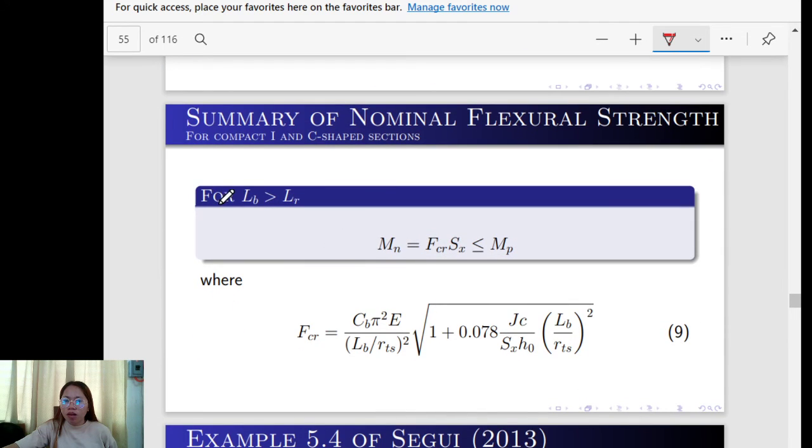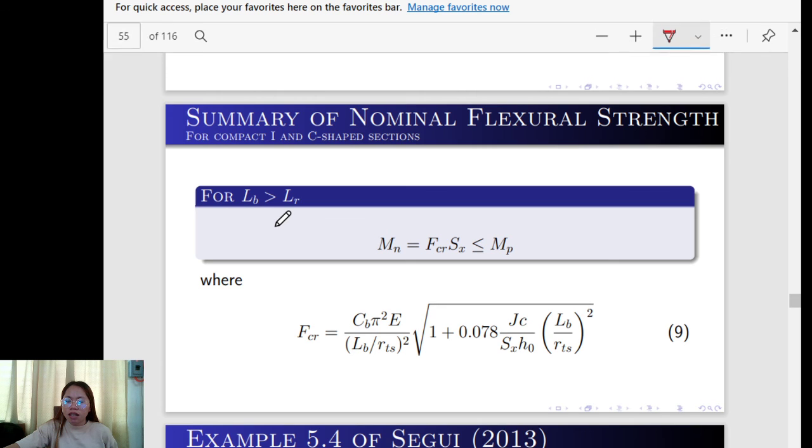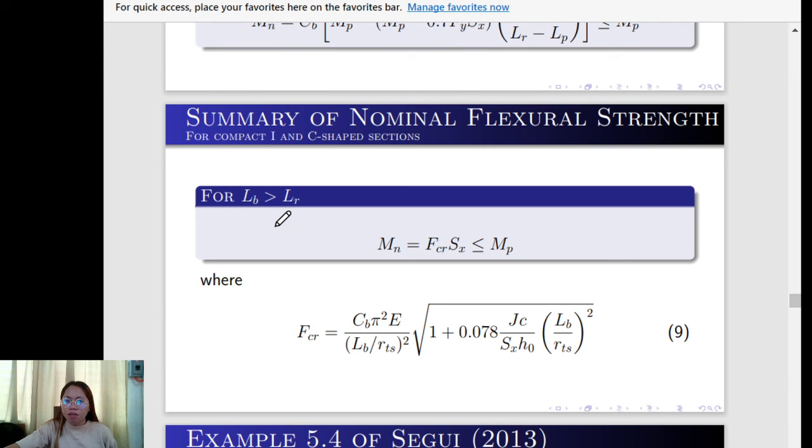And for L sub b greater than L sub r, this is for elastic torsional buckling. So L sub b is greater than L sub r, meaning not stable. It does not even reach first yield, it buckles.